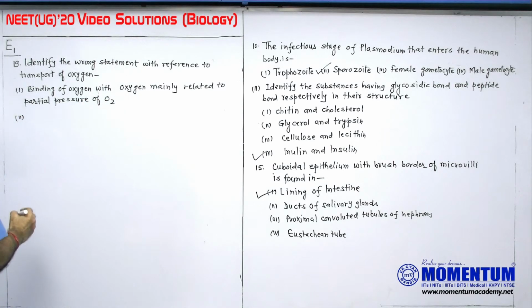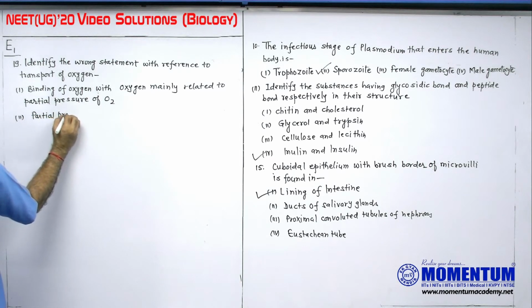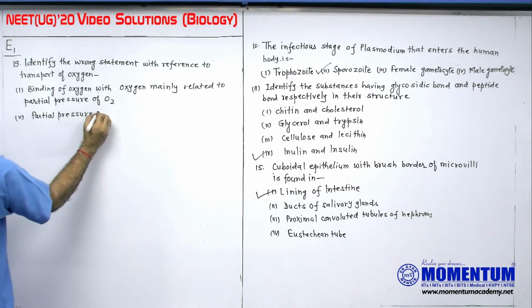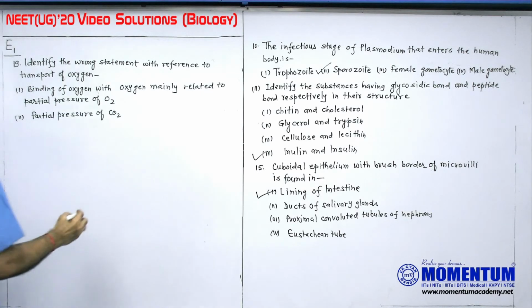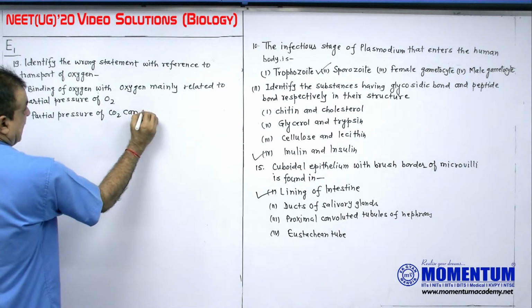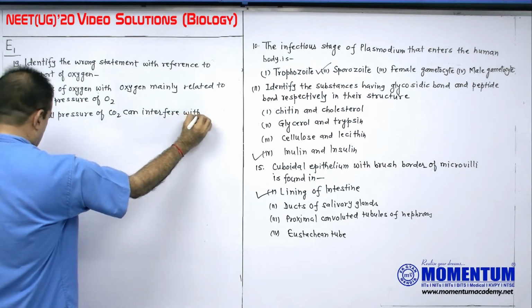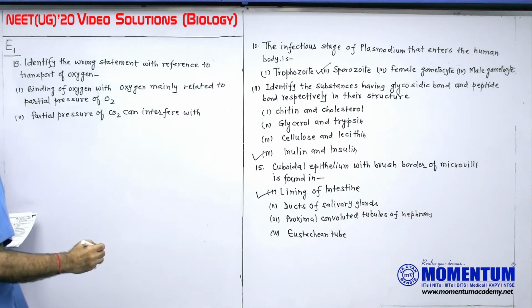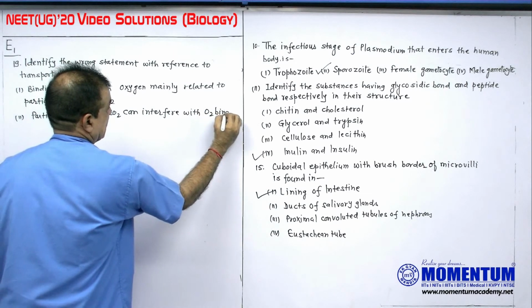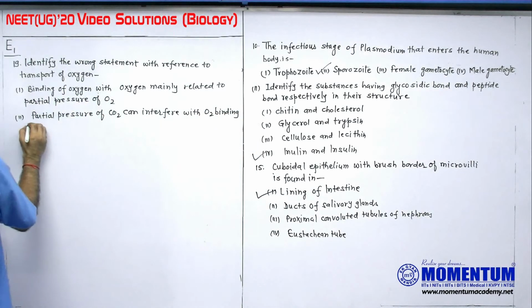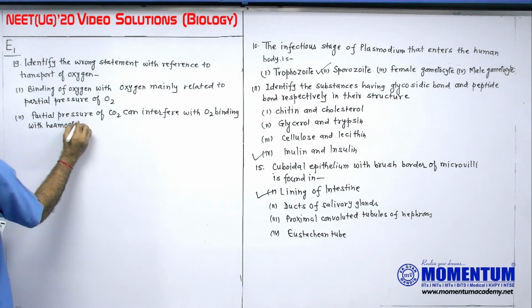Number 2, partial pressure of carbon dioxide can interfere with oxygen binding with hemoglobin.